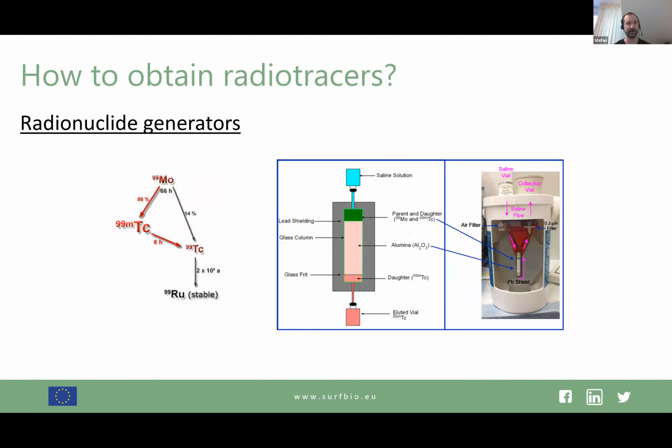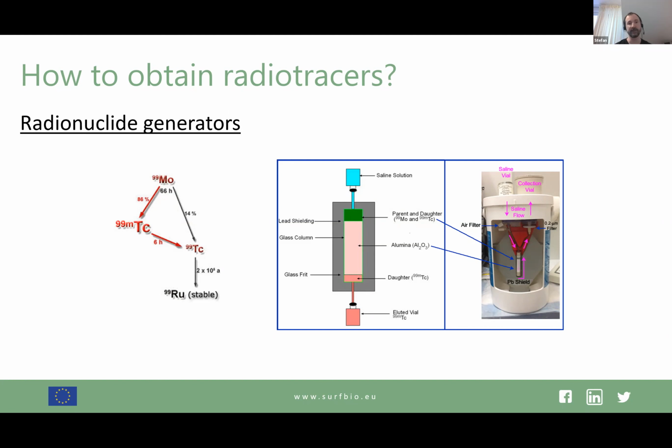Another method to obtain radio tracers would be so-called radionuclide generators. Here I have just an example of the so-called technetium cow. What you do there is basically the technetium-99m, which is a radio tracer that is used for many applications in nuclear medicine. It has a 6-hour half-life, so you cannot transport it anywhere.